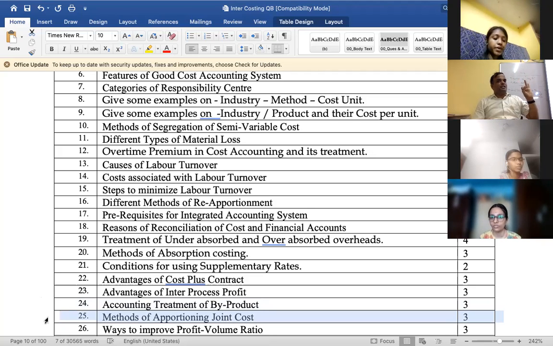Format for the NRV: sales revenue after further processing minus profit, minus selling and distribution, minus joint cost, is equal to further processing cost; the balance is NRV.